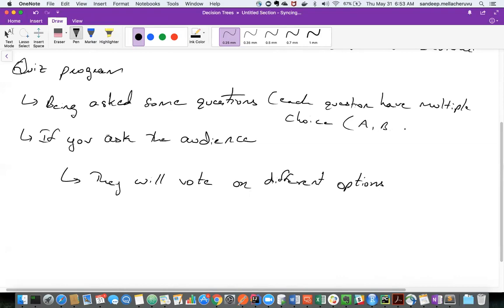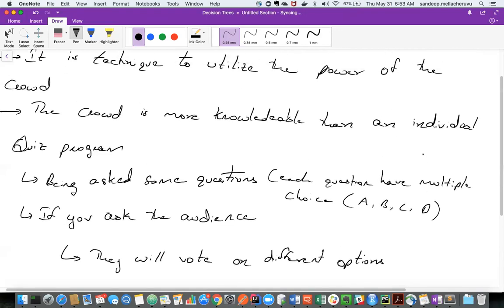So like A, B, C, D. The audience is being asked to choose one of the options, either A, B, C, or D. Is the question clear? Is the example clear?